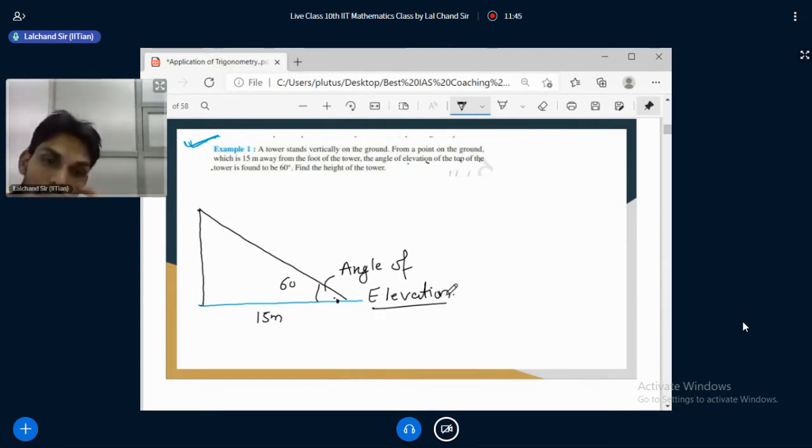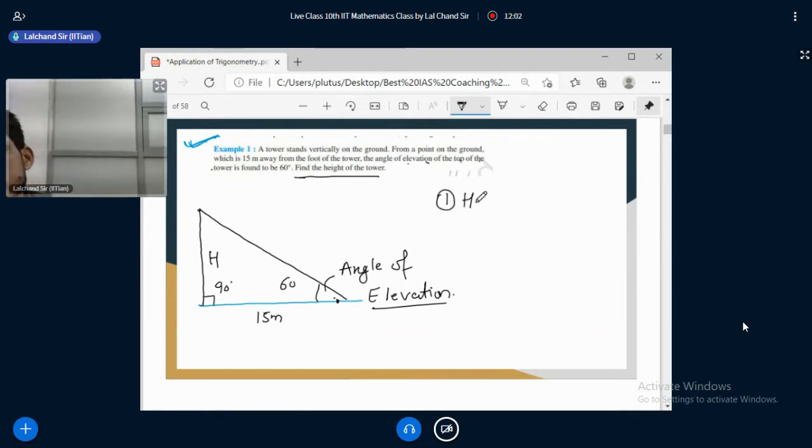Okay, this is the angle of elevation, and this is our height. Okay. And this is right angle, isn't it? Because the tower is vertically above the ground. So what is asked in the question? Find the height of the tower. Okay. So first we need to find the height of tower.